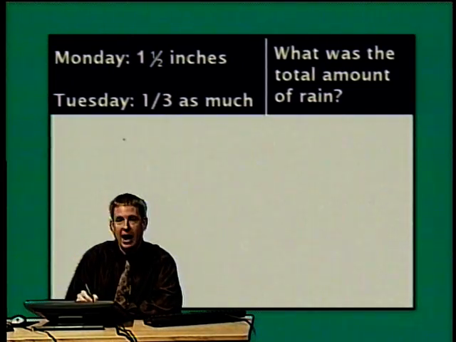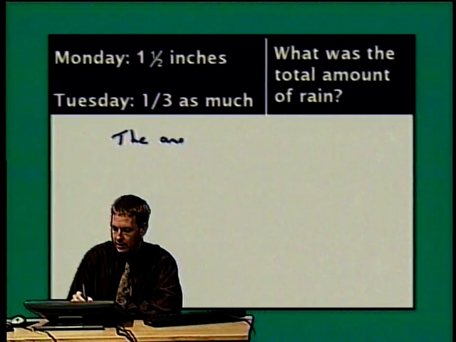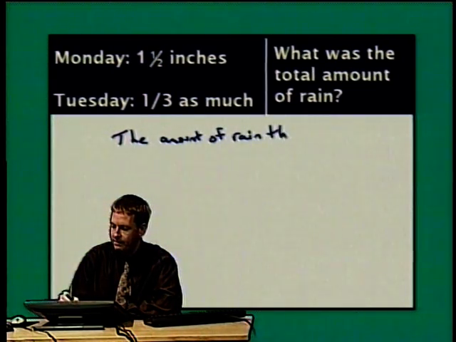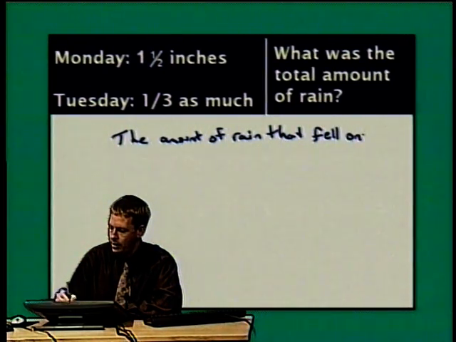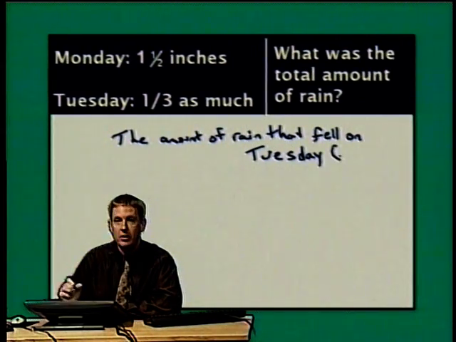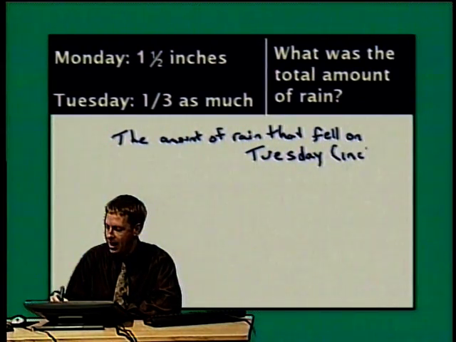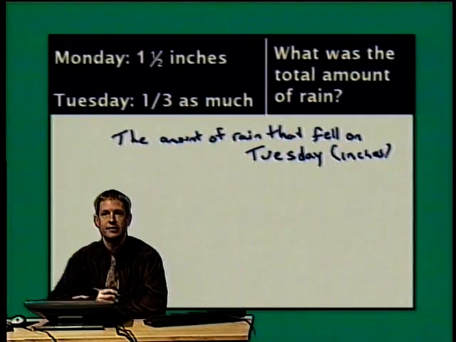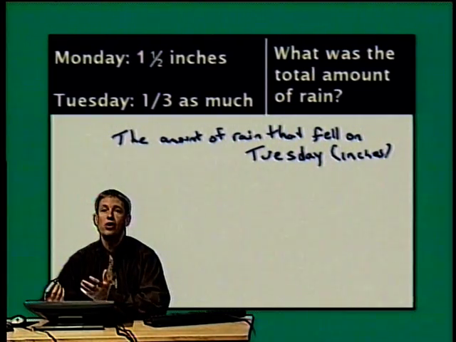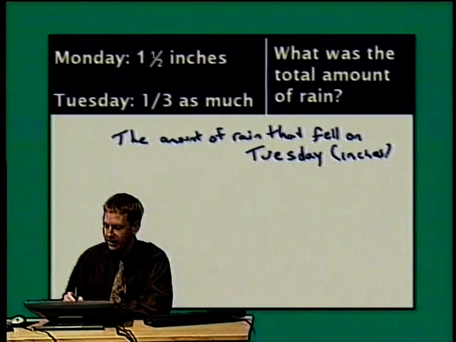And what I'm going to calculate first is the amount of rain that fell on Tuesday. And I'm going to indicate that this amount is being measured in inches. This allows me to not include the unit when I'm performing the calculation.